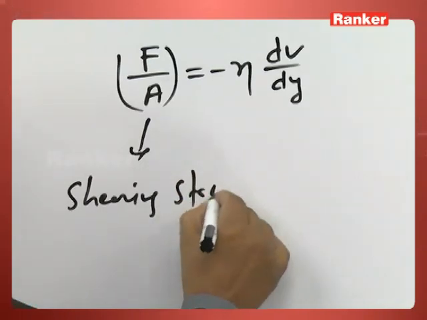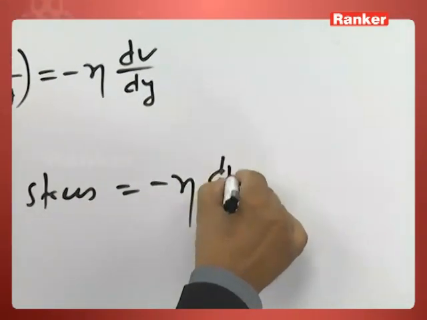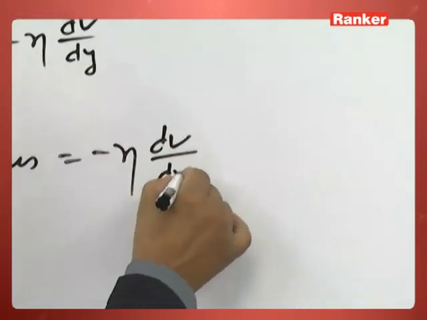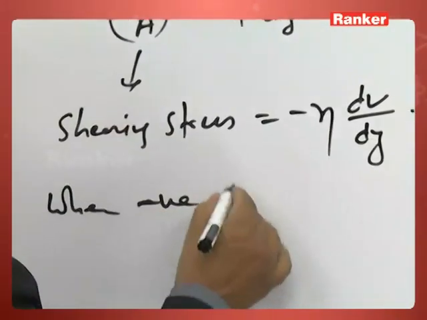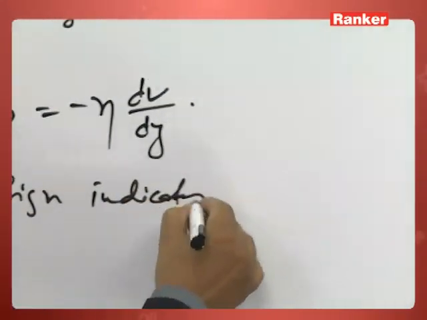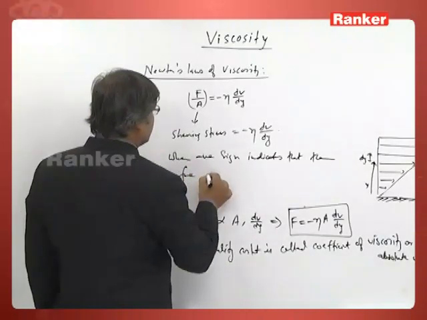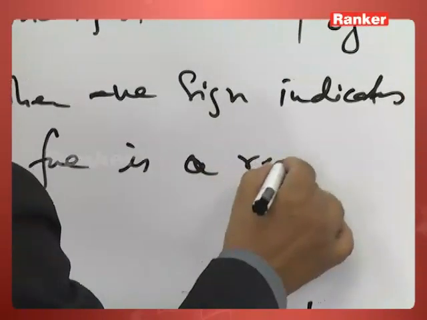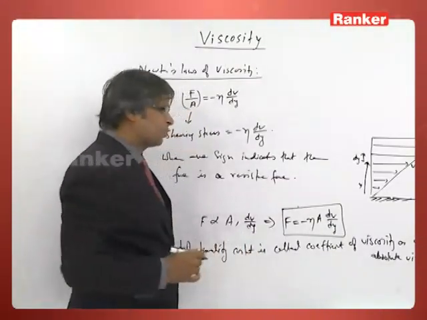So, the liquid applies a shearing stress equal to minus eta dV by dy, where the negative sign indicates that the force is a resistance force.